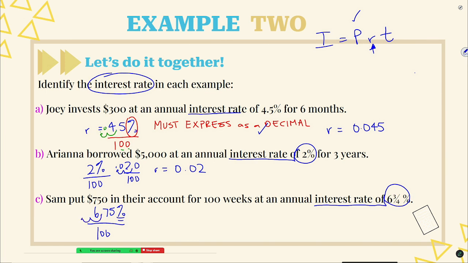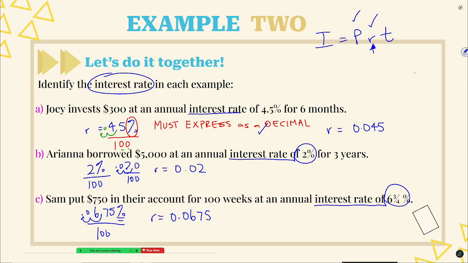Moving our decimal place 2 spots, R equals 0.0675. Now we're not writing percentage because we've divided it by 100. We have practiced finding R and we have practiced finding P.